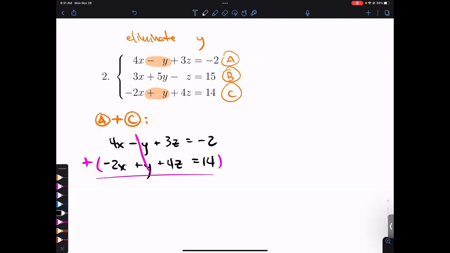Negative y plus y is 0. Again, that was why we picked these in the first place. 4x plus negative 2x, 3z plus 4z, and negative 2 plus 14.